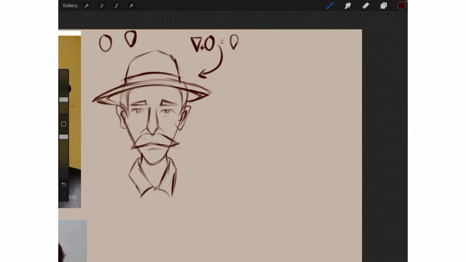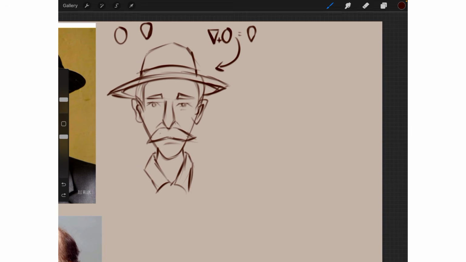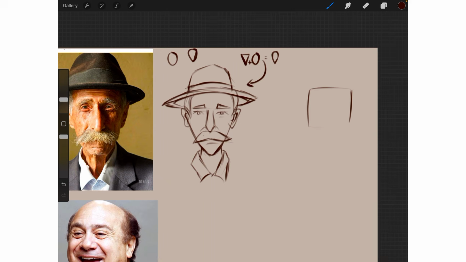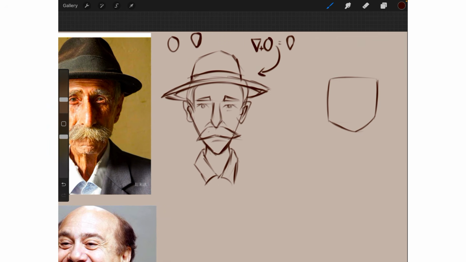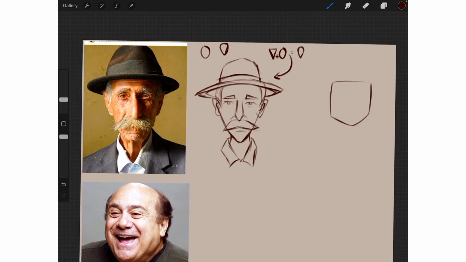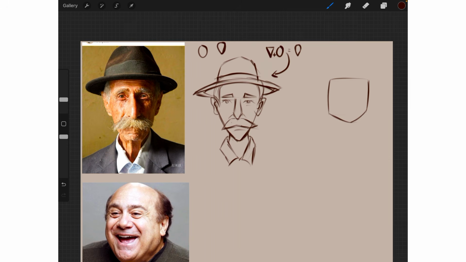So let's look at how we can combine other different shapes to give us a different personality. So let's start off with a square, and then probably a triangle. Let's combine a square and a triangle and see how it's going to look like.